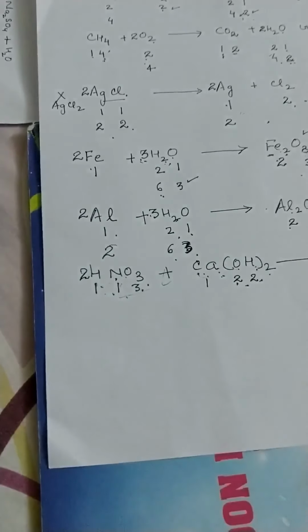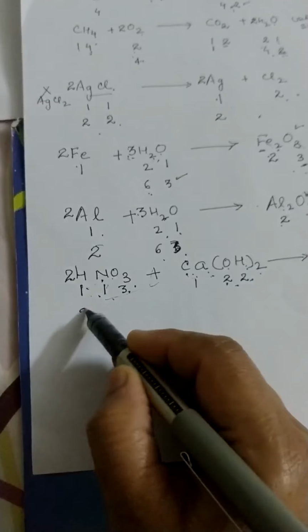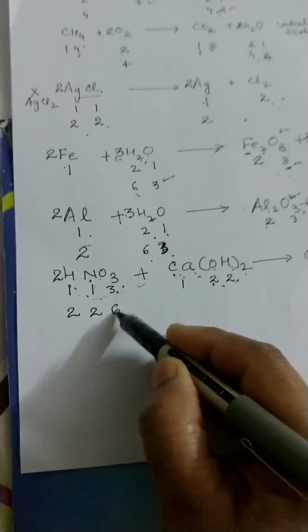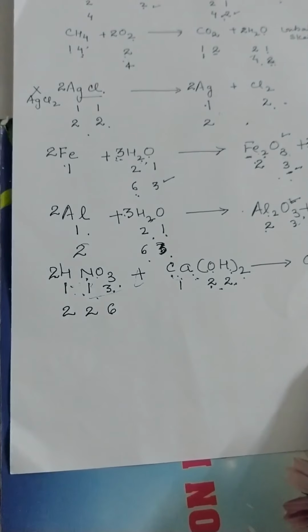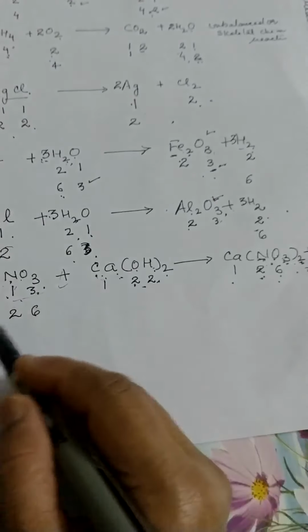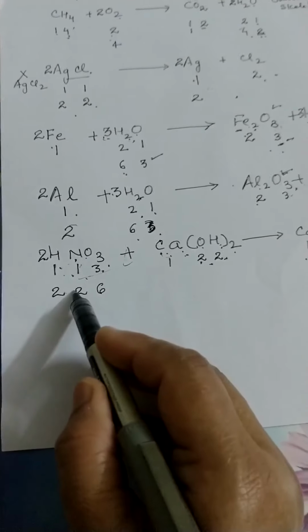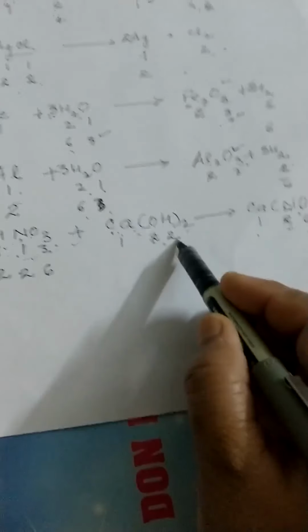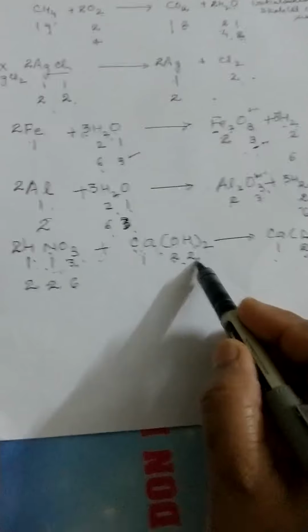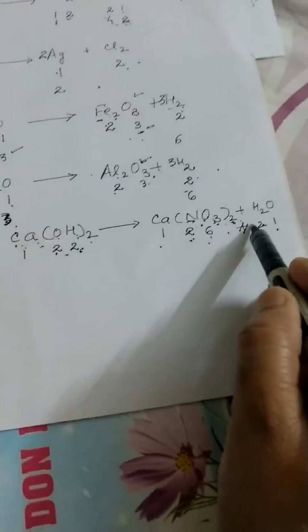Now let us see what changes take place. Hydrogen becomes 2, nitrogen becomes 2, oxygen becomes 6, so 6 plus 2, 8, right? Now let us count again. Hydrogen is 2 here and 2 here, so it has become 4 in total, and here we have hydrogen 2.